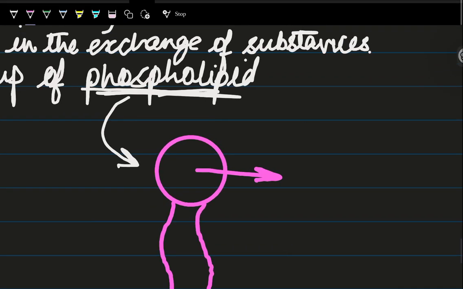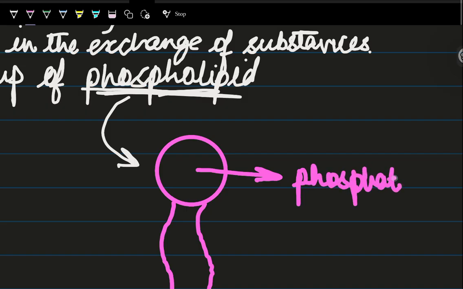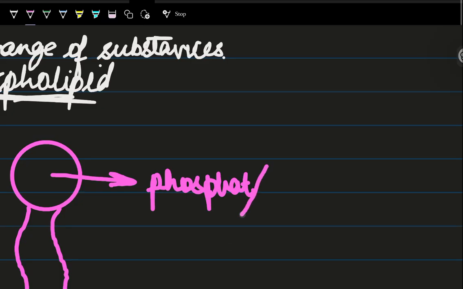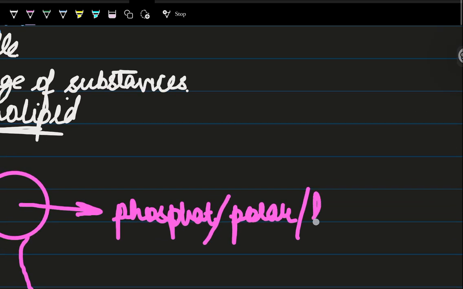The head is made up of phosphate, so it is called the phosphate, or the polar, or the hydrophilic head.